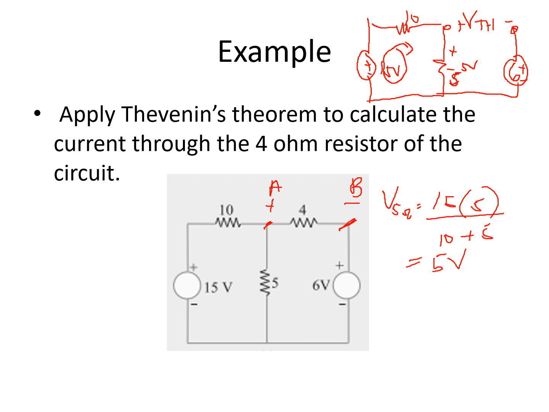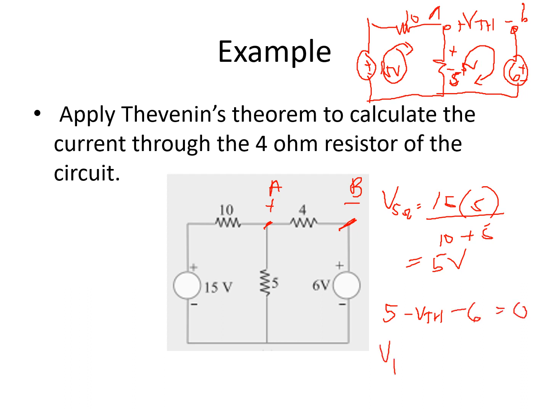Okay, how do we solve for VTH now? If this is point A and this is point B, we can have a loop here. So if we have a loop there, you have positive 5, and then you have minus VTH, and then we have minus 6 is equal to 0.